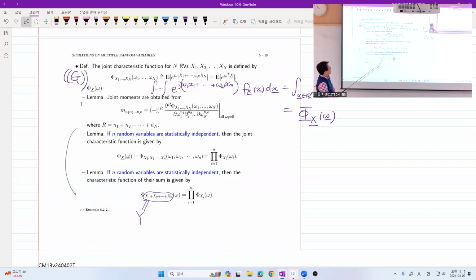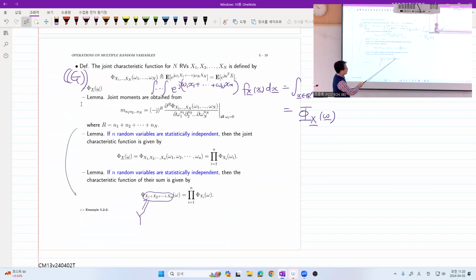So as you see here, in this case, the summation of independent random variables, be careful here, the argument omega is scalar because you have a single dimensional random variable, right? The sum is just one length 1 vector, so omega. And as you see, you have the product of the characteristic functions, but with the same argument. Got it?